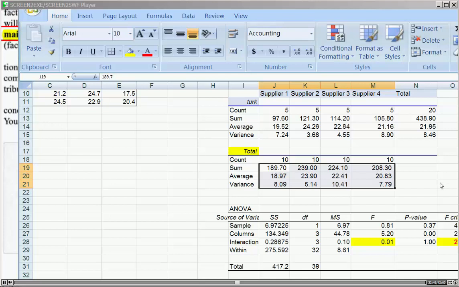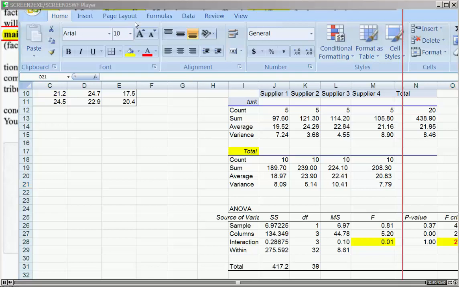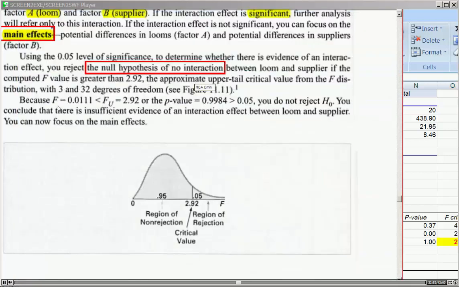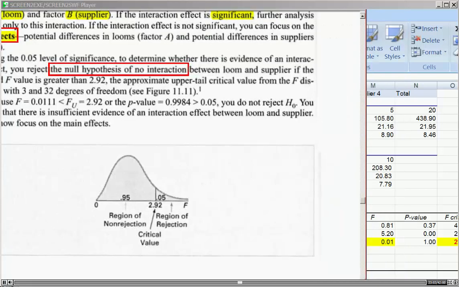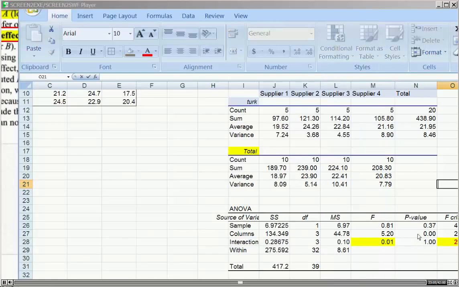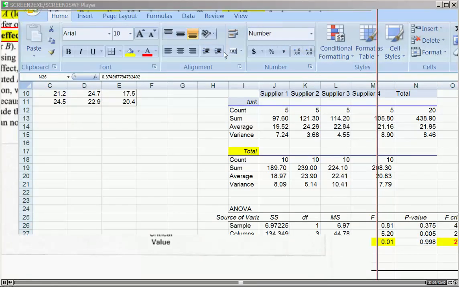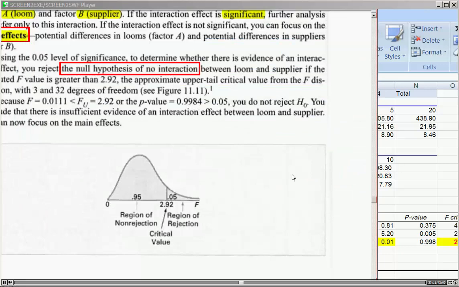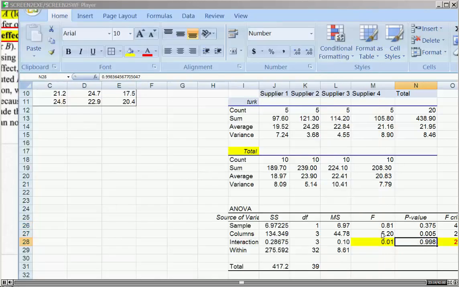Okay, 2 decimals after the decimal point. Okay, let's make it look good. Because the computed value is far less than the critical value, and the p-value, oh, this is not what we wanted here. Okay. The p-value is 0.998 right here. We got it.